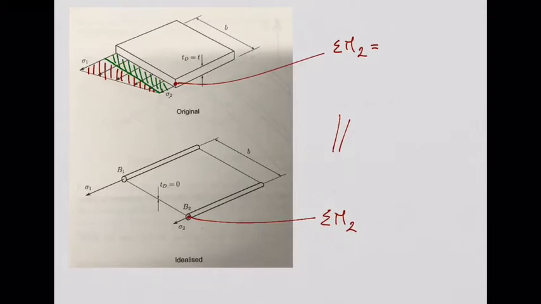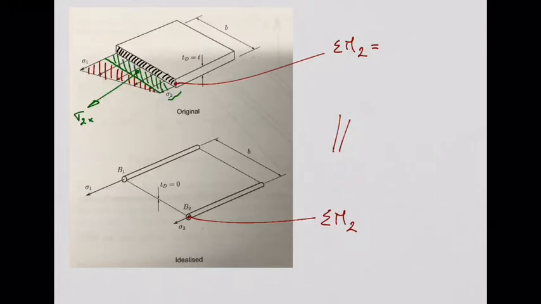Remember that I told you that for this green load, I can replace this distributed load with a concentrated force located at the centroid of the rectangle. So don't forget, the height of this distributed load is sigma 2, which is a stress, not a force. So I need to convert this into a force, right? This force is going to be sigma 2 times the area. Which area is that? It is this area here.